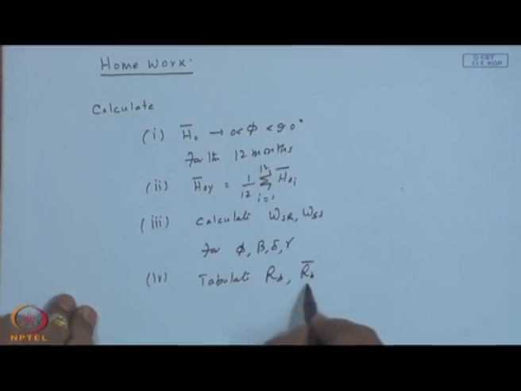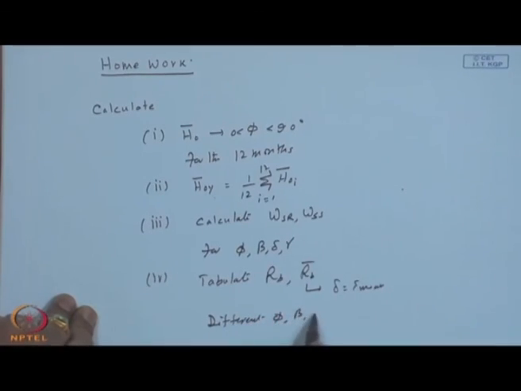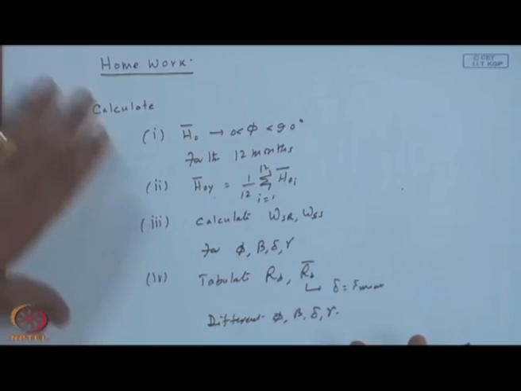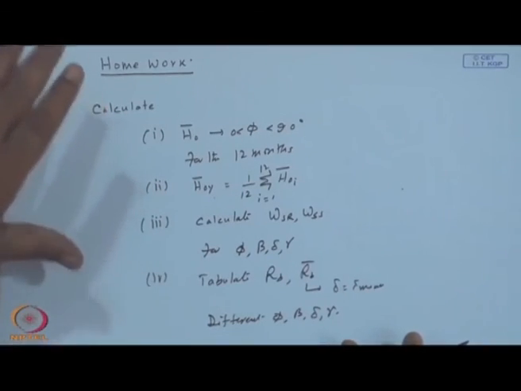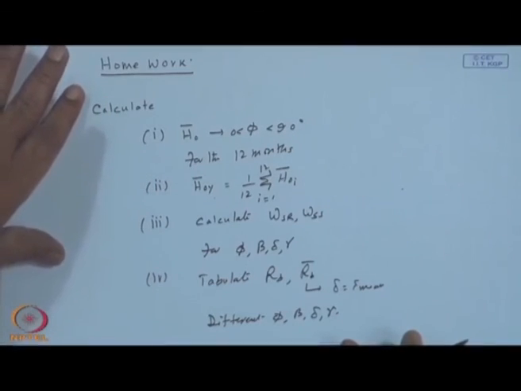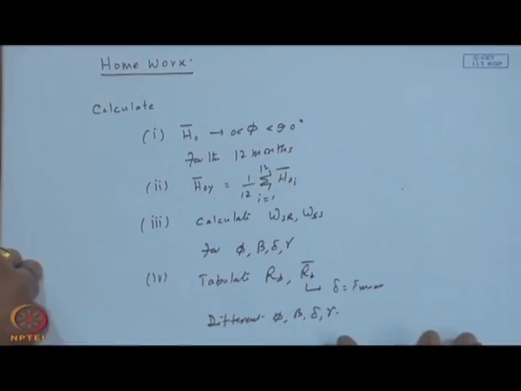This, let us say, only the delta equal to delta mean for different phi, beta, delta and gamma. So, if you do these exercises, it almost covers all the formulae we have done in the first 3 to 4 topics of lectures, which we have covered through the problems. Thank you.